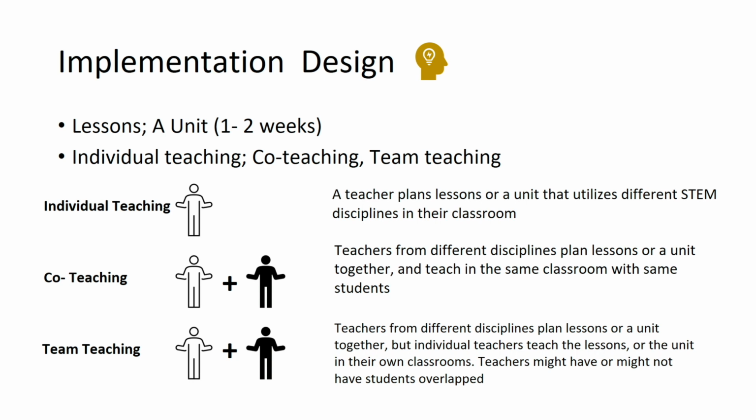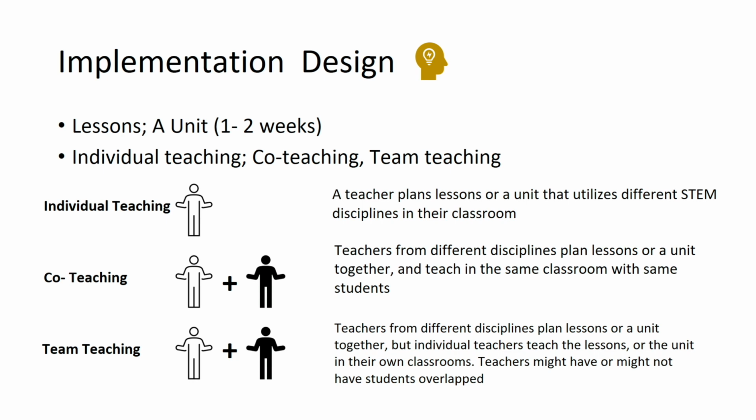You probably already know what the individual teaching model looks like. It's a teacher planning a lesson or unit by herself or himself and teaching it in his or her classroom. As for the co-teaching model, teachers from different disciplines plan a unit and lesson together, and they also teach in the same classroom.